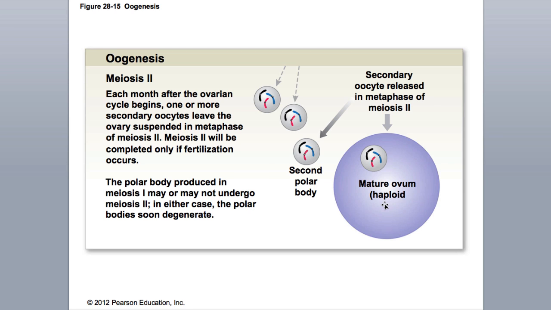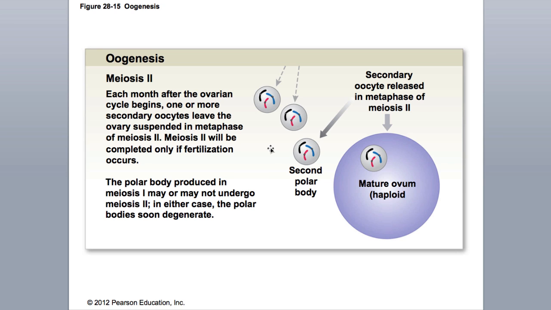Notice it is haploid. So just like sperm, there are 23 chromosomes, haploid. Now, you're going to end up with three polar bodies, and they disintegrate, and they don't play a role later on.